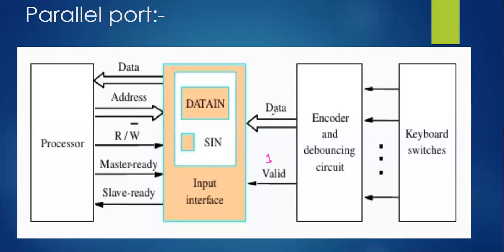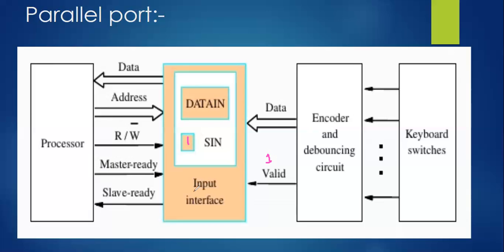So both are essential. If you are setting valid equal to 1, some information should be transferred. Now, with this input valid, your S in will be set to 1. How it will be set to 1, I will tell you in the last slide. We have a separate circuit which will consume the inputs valid, read bar write, and master ready signal.